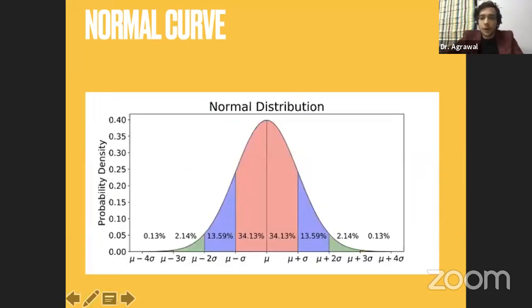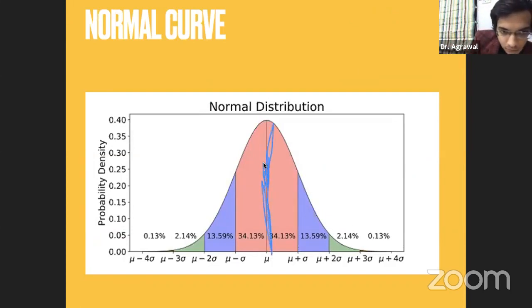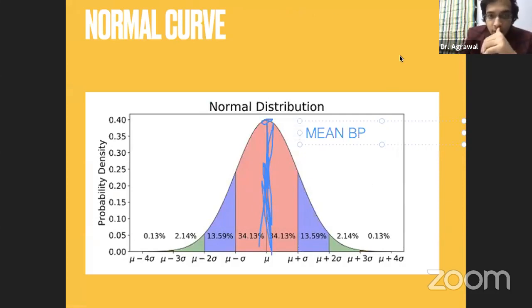So when we're talking about a 95% confidence interval, right? So if we have, let me see if you can see this. So if your results are basically based here, the software will see, if this is your mean BP, then the software will basically see your variation in your results.